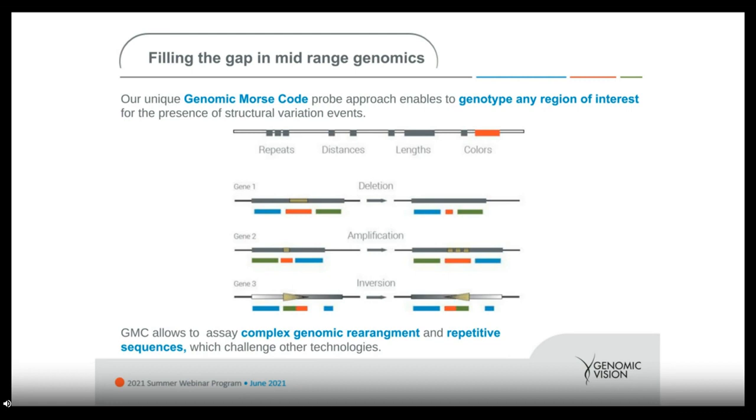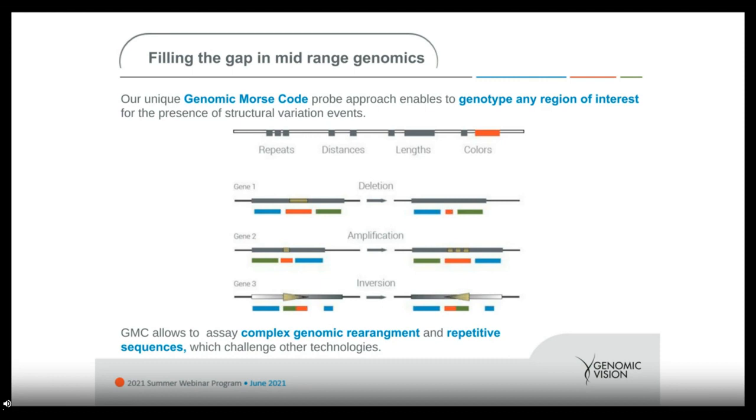In gene 2, there is an amplification. This is the case of copy number variation, and now the red tract is bigger. In case of inversion, you can see the flip between the colors. Indeed, in the wild type, it's long blue, green and red, and short blue. And in the inversion, you can see that it's long blue, red and green this time, and then again the short blue.